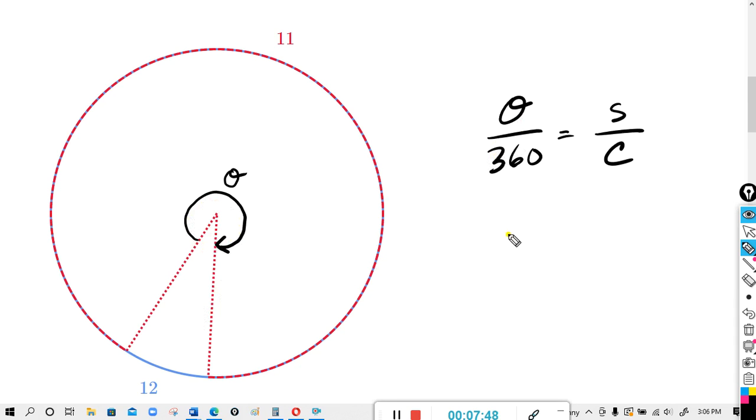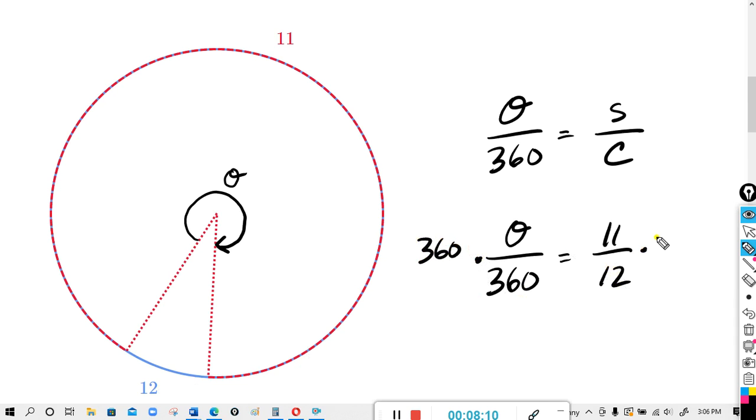It's going to be close to 360, but a little bit less because this part is missing. So we're solving for theta divided by 360. It said in the write-up that arc length S was 11, and that the circumference C was 12. The opposite of dividing by 360 is times 360 on both sides.